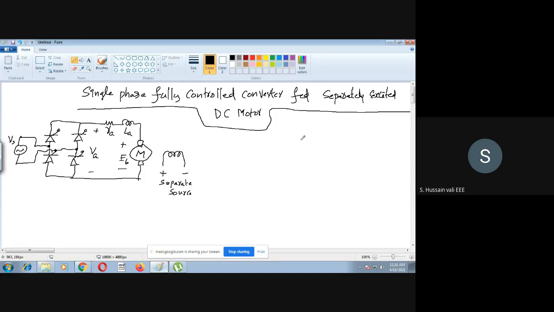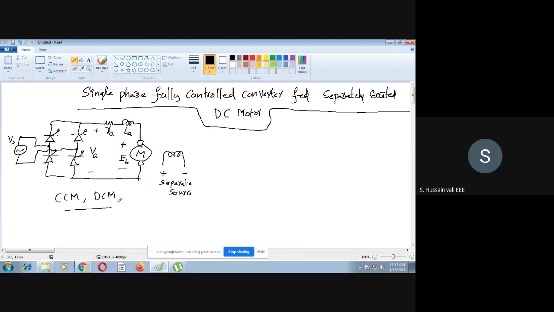Now the same analysis like we have done last class, that you have two types of conduction: continuous conduction mode and discontinuous conduction mode. Continuous conduction mode means the current in the inductor, or the current in the armature, is never zero. It is always there.